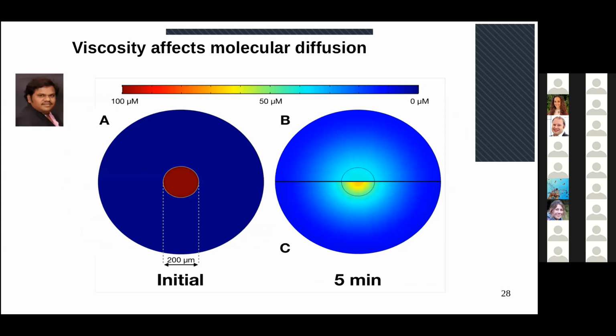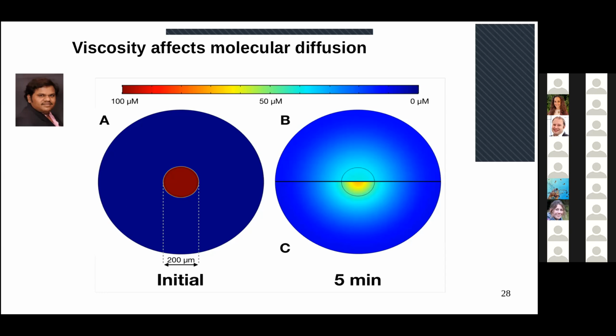We tried to model this in a more controlled manner. In this case, this is work from Sassi Pasupuleti, who was in our lab, using COMSOL. He modeled what would happen to a spherical cell of 200 micrometers in diameter if we suppose that the wall completely disintegrated. So it's basically a way of modeling a lysing event.